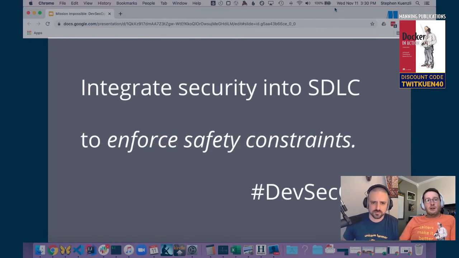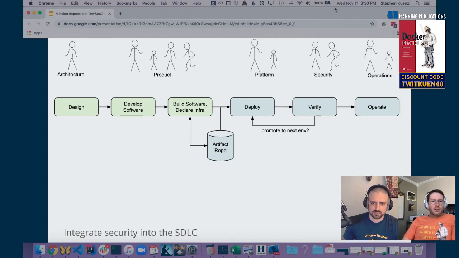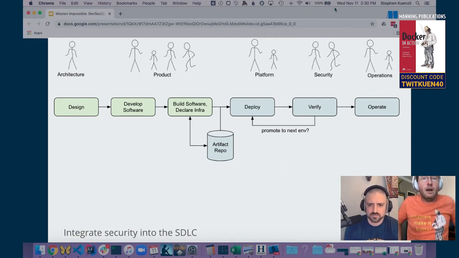So DevSecOps is all about integrating security into the software delivery lifecycle. And we do that to enforce safety constraints. So what I'm going to show you here is a fairly classic depiction of a software delivery lifecycle.